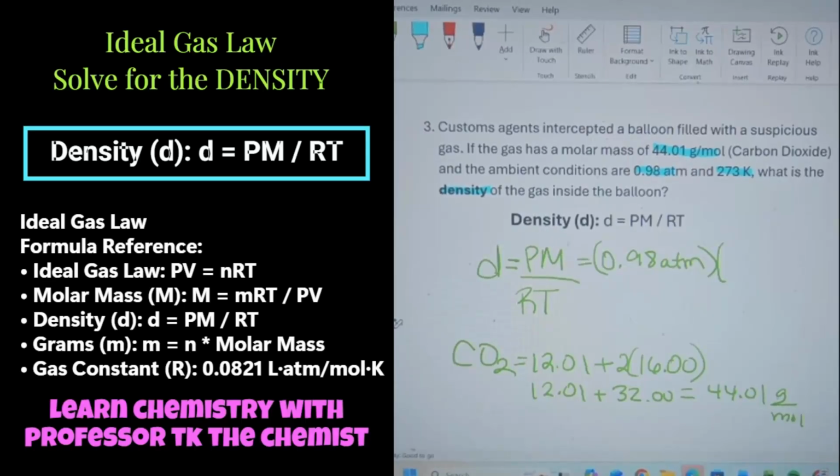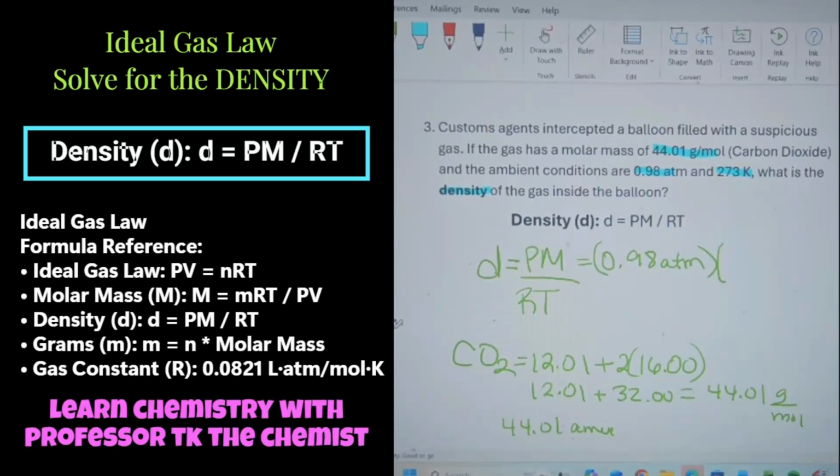The difference between molar mass and atomic mass, they're pretty much the same. However, atomic mass units would be 44.01 AMUs. So one deals with the atomic mass unit as the unit associated with that term, versus molar mass, that's the grams per mole unit, but they mean the same.